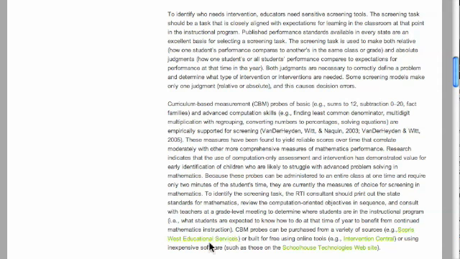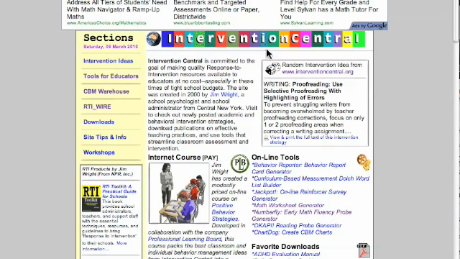There's a variety of sources, including a free online tool. The free tool takes me to the Intervention Central site, so we can see things like this Numberfly Early Math Fluency Probe Generator.